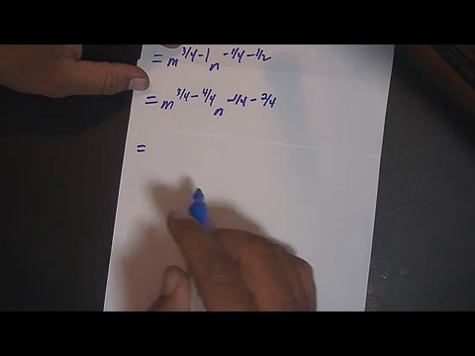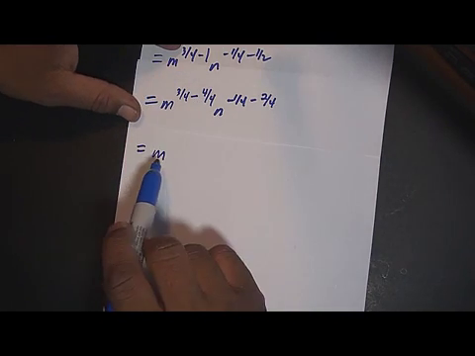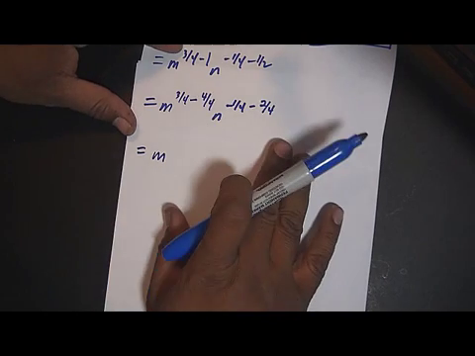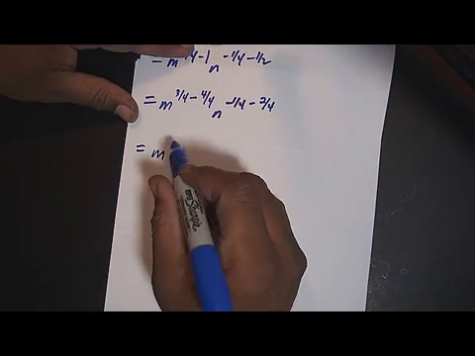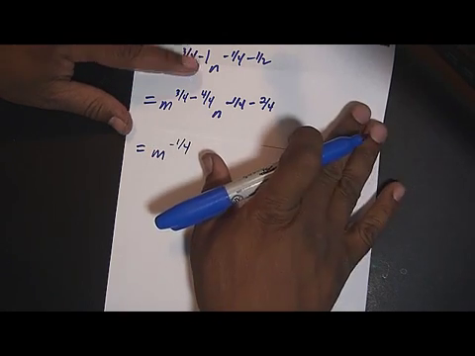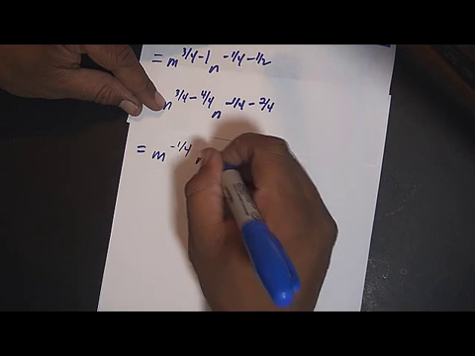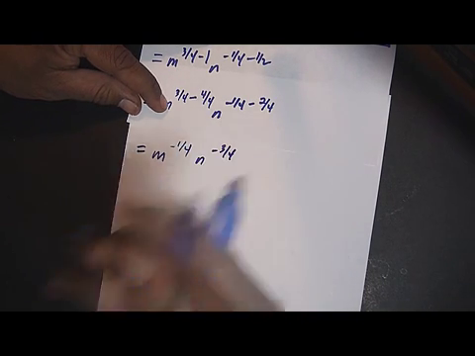So now we'll simplify m to the 3/4 minus 4/4, and now we'll simplify our expression. So we have m to the negative 1/4 times n to the negative 3/4.